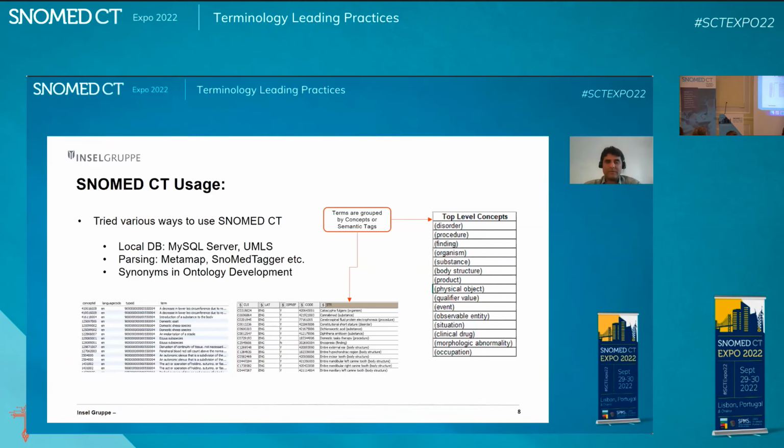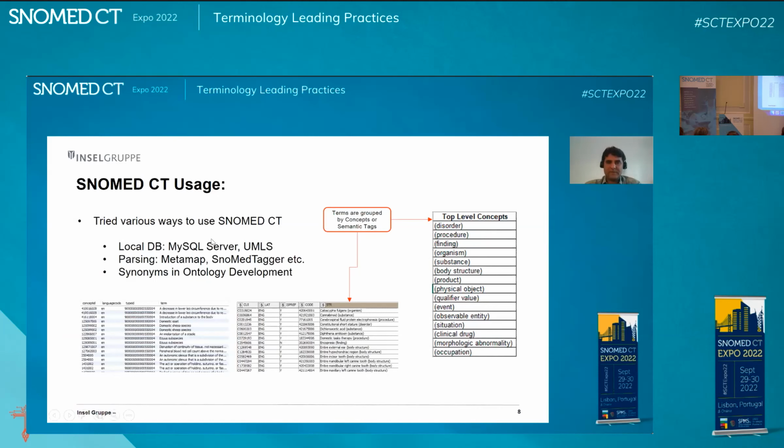I also used it with UMLS and MetaMap to parse text with SNOMED. So there are various possibilities for how one can use it, either with a database or with natural language processing.